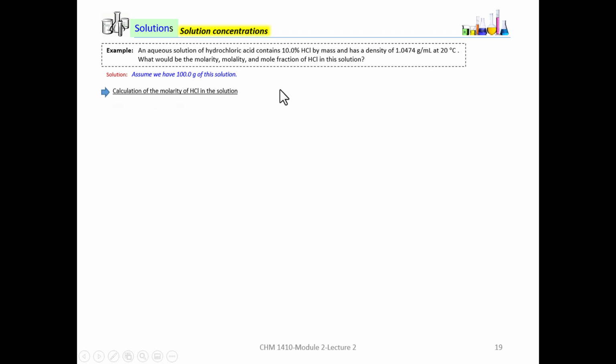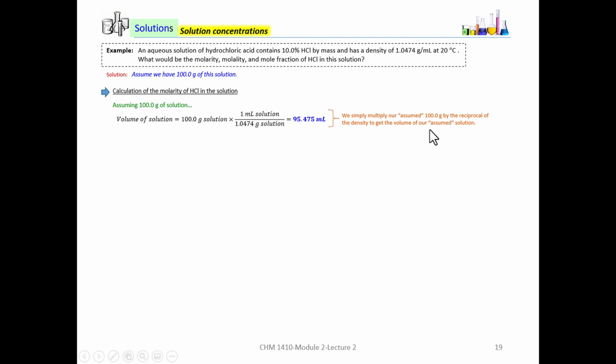How would we go about working with this problem and calculating the molarity? Well, assuming 100 grams of solution, the volume of the solution would be 100 grams times the reciprocal of the density. We'd use the reciprocal of the density in order that grams of solution cancels out and we have milliliters of solution. And if the solution is 10% by mass HCl, the mass of the HCl would be 100 grams of solution times 10 grams of HCl per 100 grams of solution.